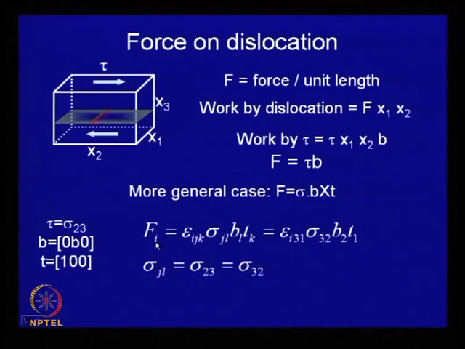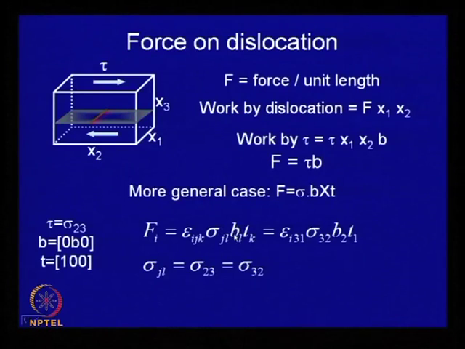So, i represents that component, and this is equal to epsilon i j k, a tensor of third rank, then sigma j l. So, there is a summation over j here.